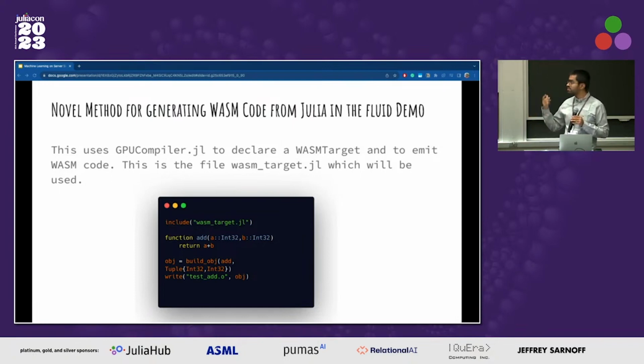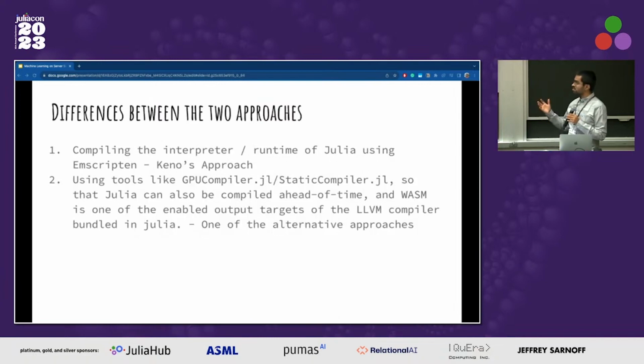And the other was the static compilation, where we used ahead-of-time compilation using these specific Julia libraries. But there are some subtle differences, right? Of course, the biggest one was compiling the interpreter or the runtime in the case of Kino-Fisher's route, or of course using these static tools which allow you to do static compilation.